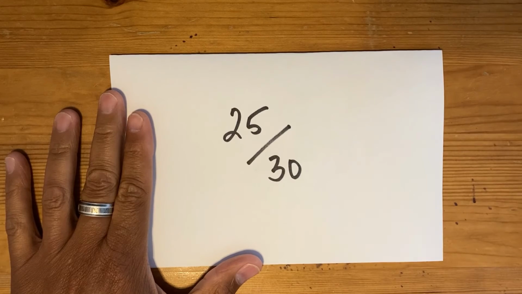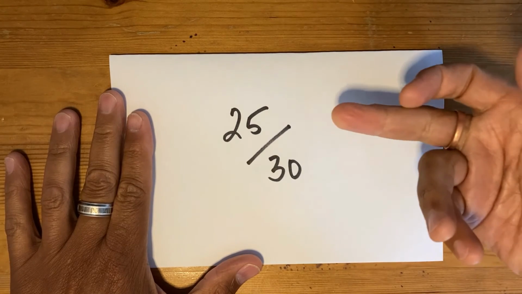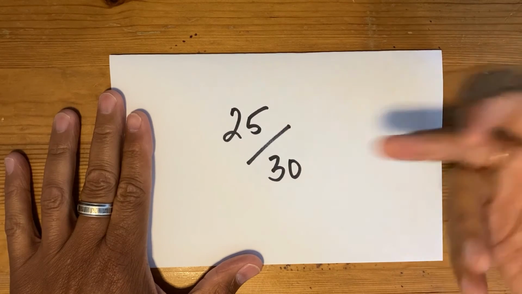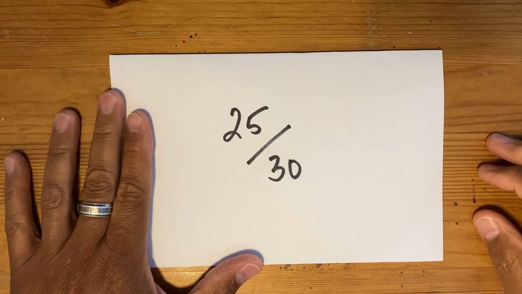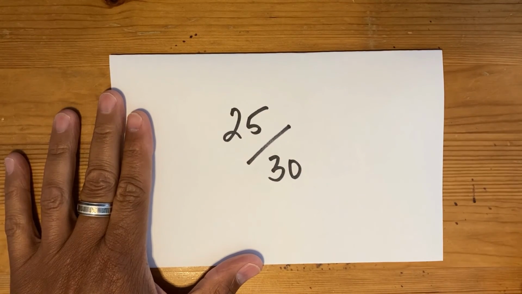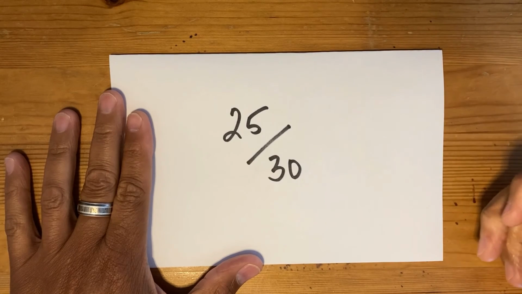Now it's your turn. I want you to see if you can find equivalent fractions for 25/30ths, and you can either reduce or make smaller the numerator and the denominator, or you can increase the numerator and denominator and make them bigger.